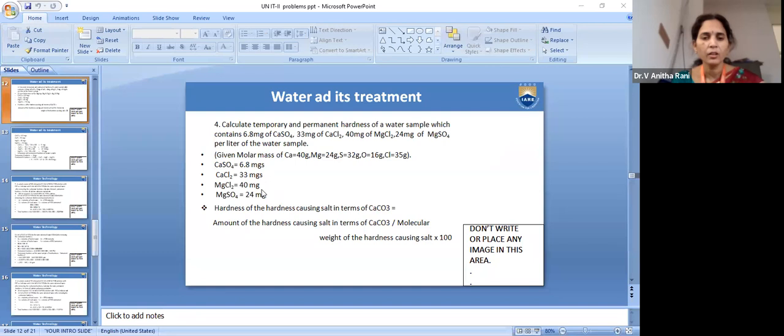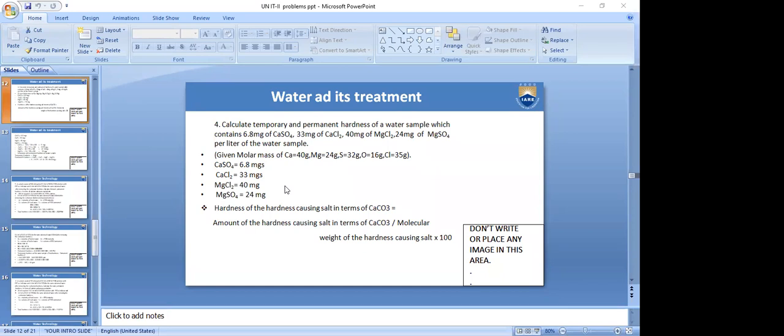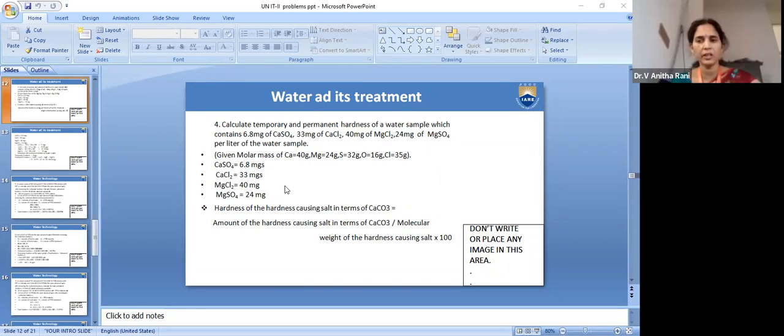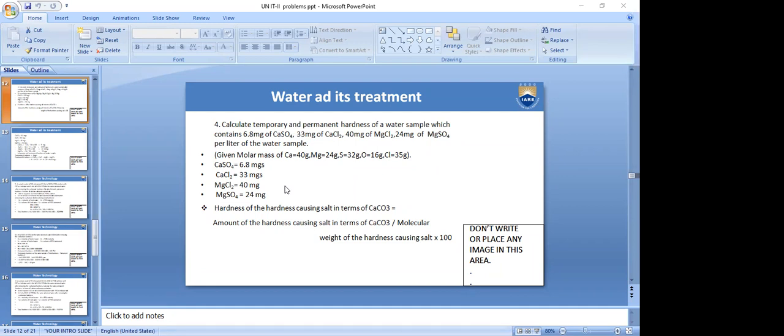29.7. Okay. Now, third one, 40 by magnesium chloride molecular weight. Tell me, students, magnesium chloride molecular weight. 95, ma'am. So 40 by 95 into 100. 42.1, ma'am.